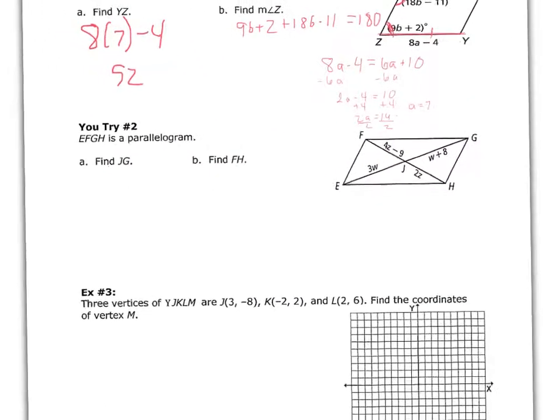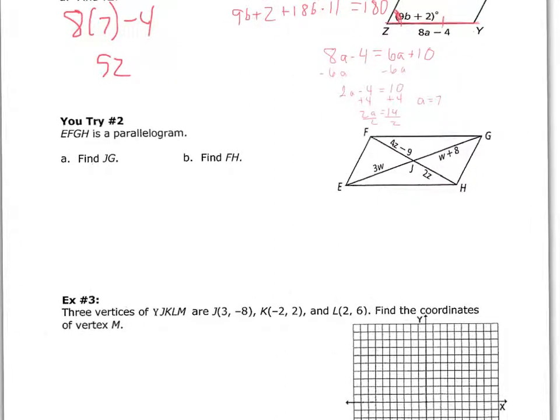Okay, let's try another one here. It says EFGH is a parallelogram, and we want to find JG. What's something that's equal to JG? JG is W plus 8. What's another side length that's equal? We know that EJ would be congruent to it, so we can say W plus 8 equals 3W.